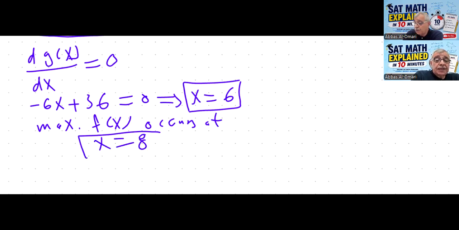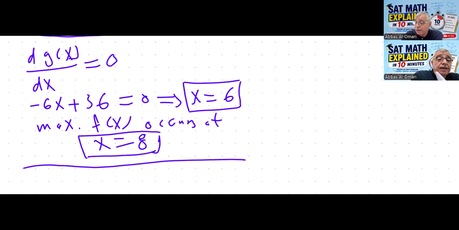So this is the answer for the question. Now, you can also solve this using the built-in calculator, by plotting g of x, and you will see that the maximum occurs at x equals 6.